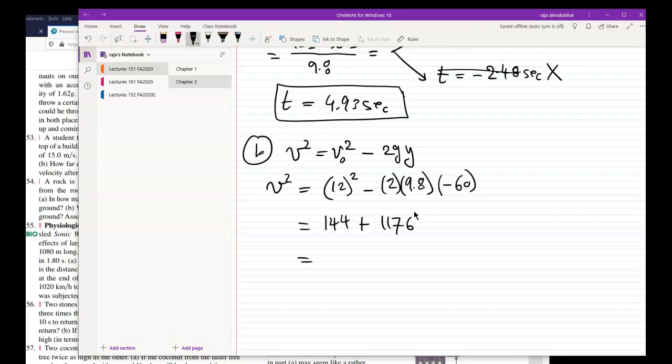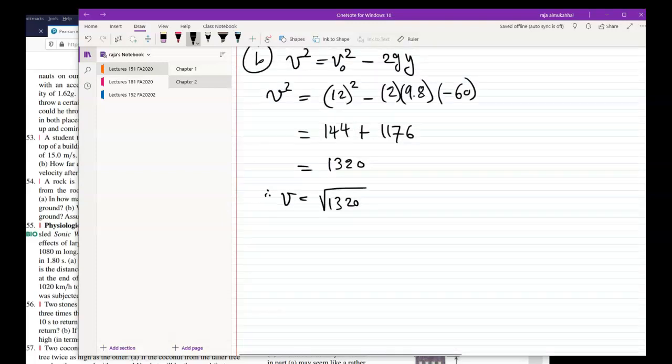We add them up together, 1320. And therefore the velocity is the square root of that. And I'm going to get an answer, of course, that's the square root of a number.